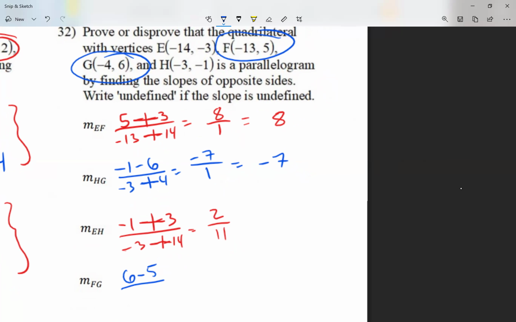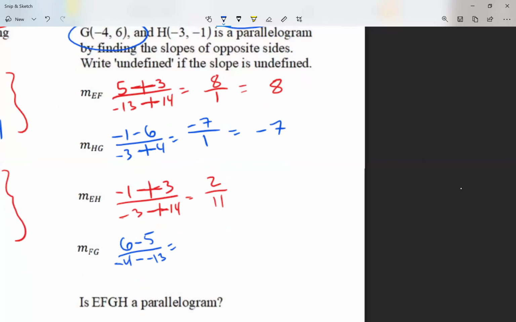At the bottom, let me subtract the X's. -4 minus a -13. I know 6 minus 5 is 1. Here, these two negative signs become a plus sign. -4 plus 13 is 9. If there's a negative sign, obviously bring it to the front. 1 over 9 cannot simplify it. Just as a reminder, the way you type a fraction is 1\9. So 1 over 9. Okay.